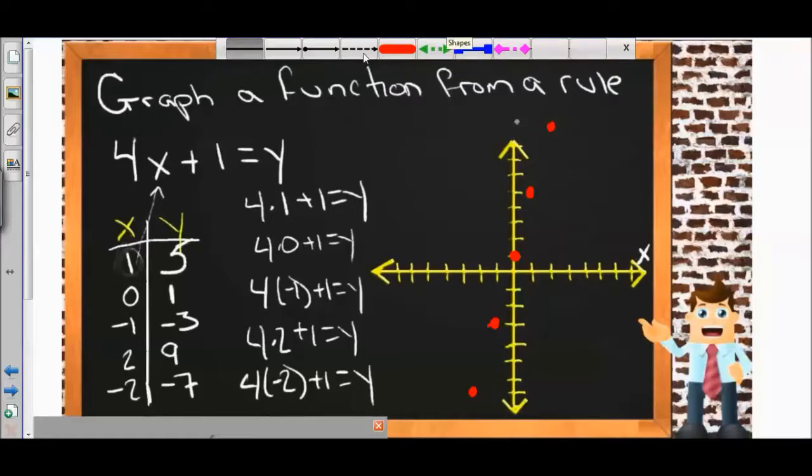You can see that these fall in a line, which is very convenient. So I'm going to use a line to connect those. This function extends, so I'm going to put arrows on the end of it, like so. And just ignore the different colors. That's a black line going through there. There's no significance to the colors there.